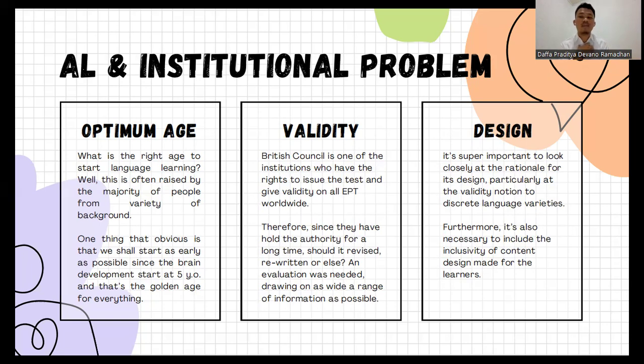In my personal opinion, I believe that language learning has to start as early as possible, since if we start at the age of 10 or more, then the children's ability to acquire language, especially as a second language, would be drained and not as optimum as if they started in early childhood. So in my personal opinion, we shall start language learning since 5 years old or since early childhood.